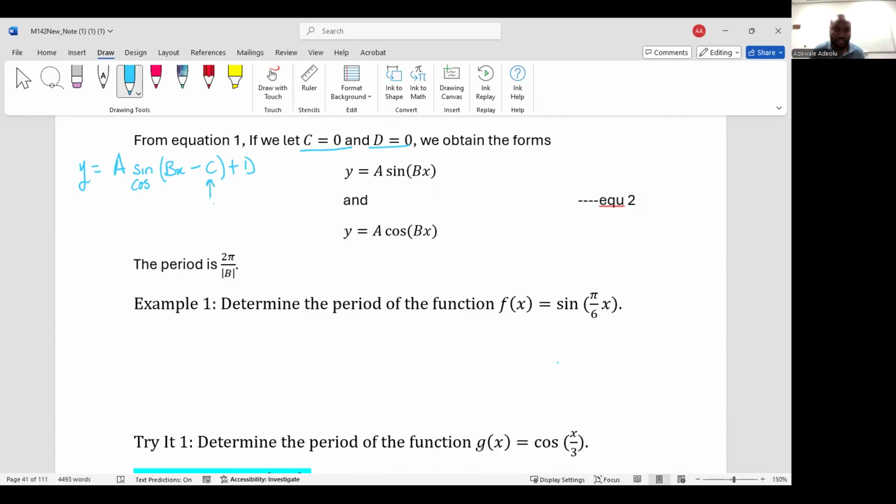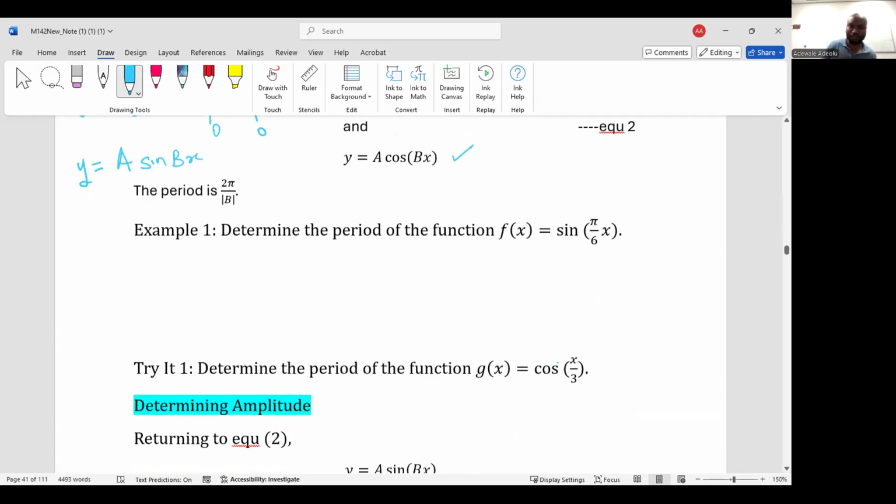That is, let us forget about c and d for now. So we will have a sine or a cosine of bx, a sine bx, a cosine bx, and the period is 2 pi over b.